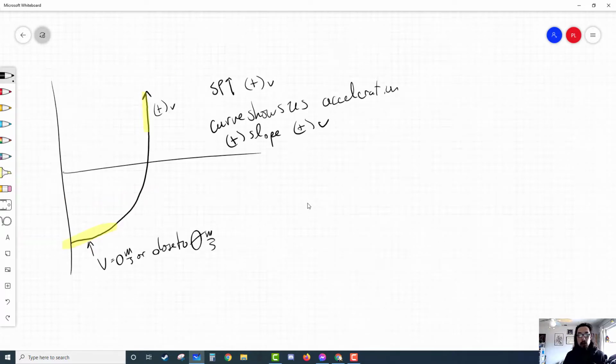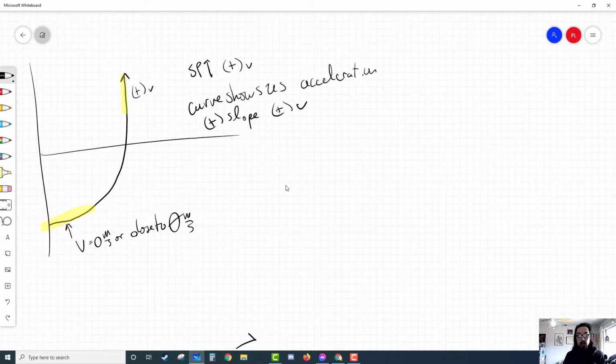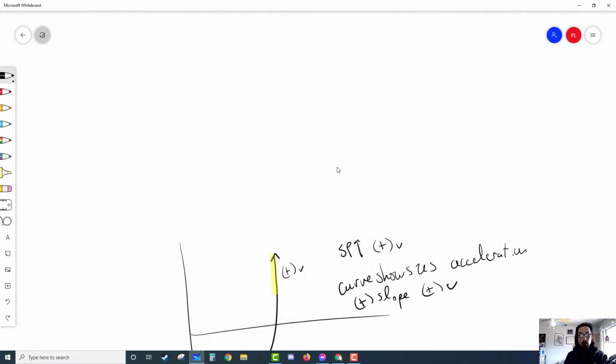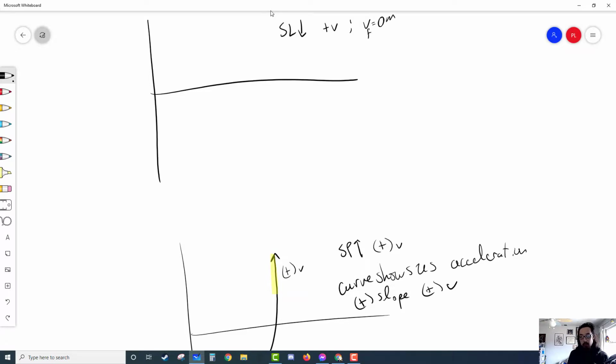All right, so if I were to do something similar, but for an object that is slowing down in the positive, so we have an object that has slowed down and it had a positive velocity. We want to start off with a positive velocity, and because it slows down, the velocity over time will approach 0 meters per second.